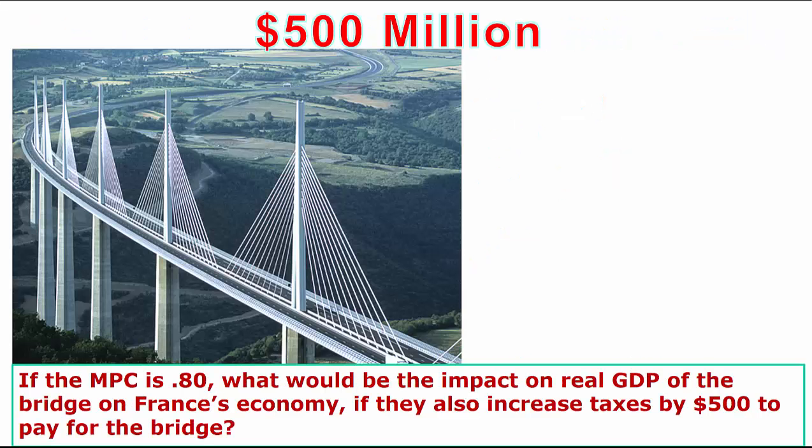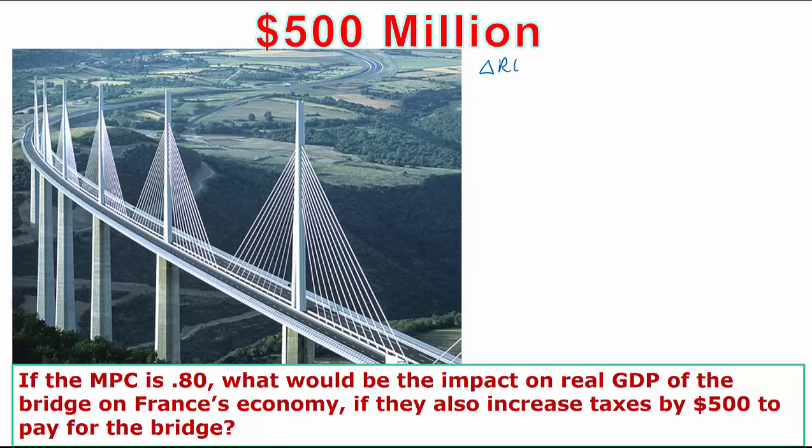All right, so now we have the MPC is 0.8 and France builds a bridge for $500 million. But they also increase taxes by $500 million to pay for it. So here's what we're going to get. A couple of notes.